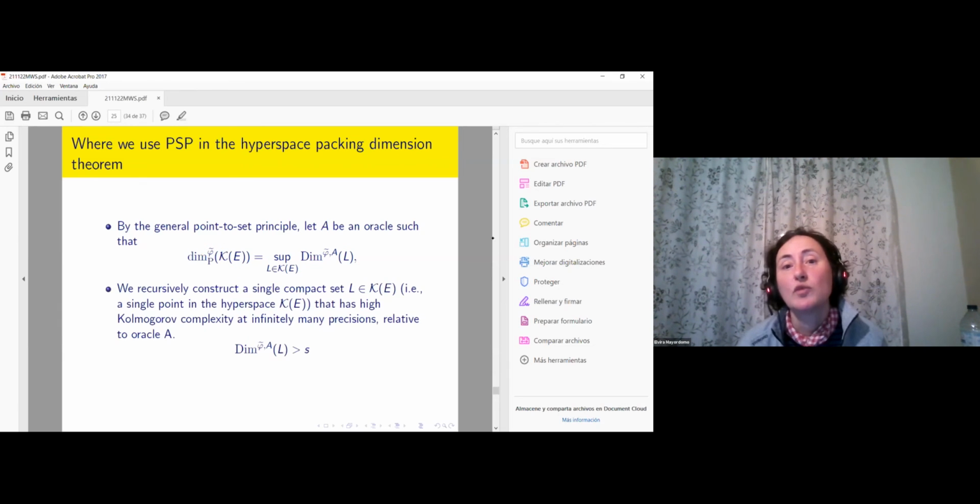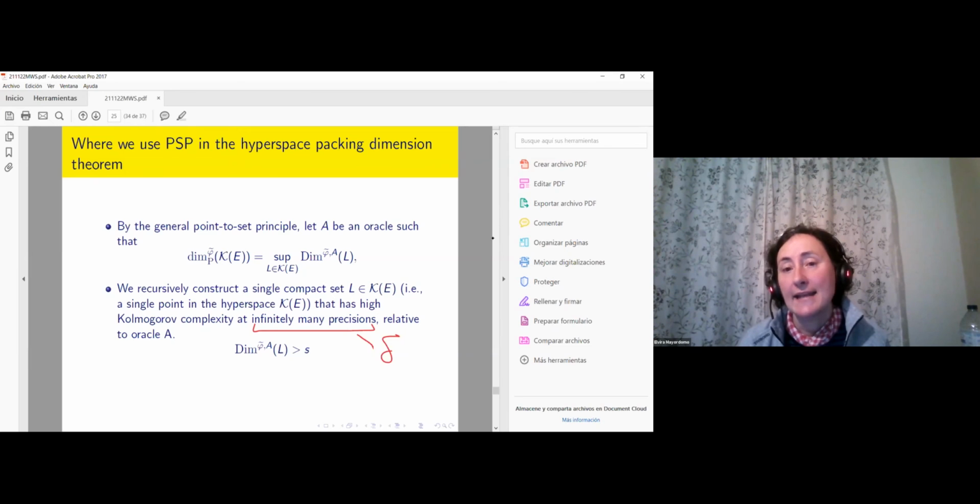So what we do is we do it in stages. We construct a single compact set L, a single point in the hyperspace, but the construction goes by this: for each precision delta, we do a step of the construction.